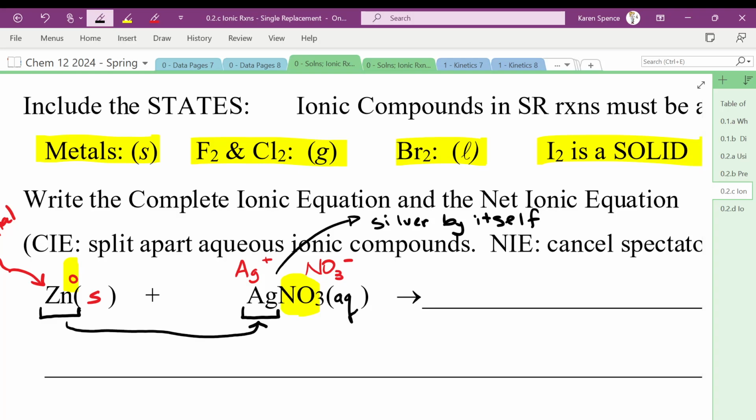If it is by itself, what is its charge? It is 0. So we're going to have Ag with a 0 charge. I'm going to write it up here, but normally you would just not write anything, okay? And Ag is a metal, therefore what is its state? Its state is solid, okay?